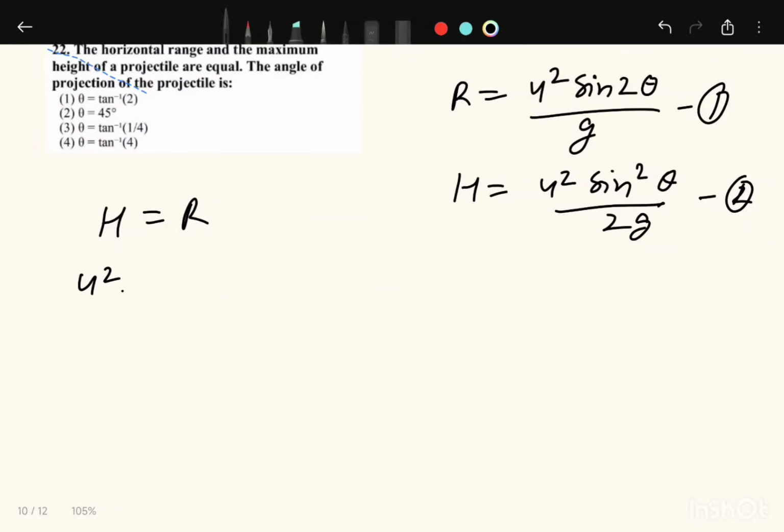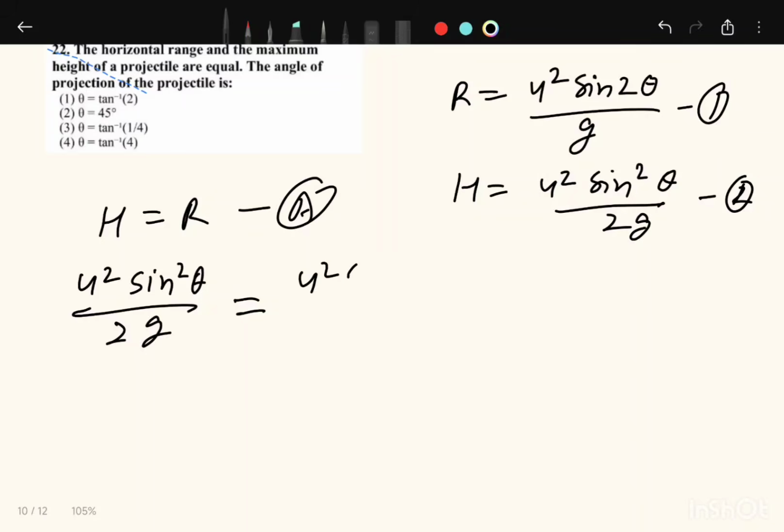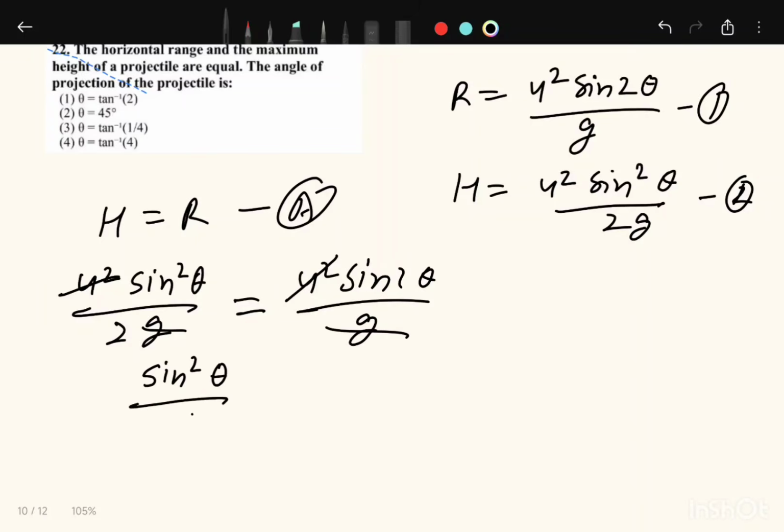So from equation 1 and 2, we can write u square sine square theta by 2g is equal to u square sine 2 theta by g, right? So u square will be cancelled out, this g will be cancelled out with this g. So we're left with sine square theta by 2 on one side and sine 2 theta on the other. What is the formula for sine 2 theta? It is 2 sine theta cos theta.